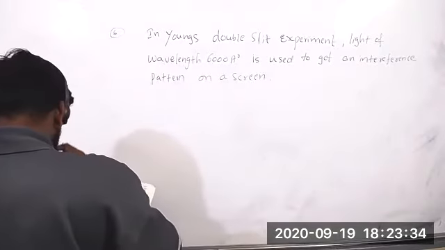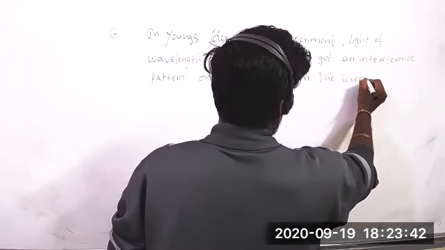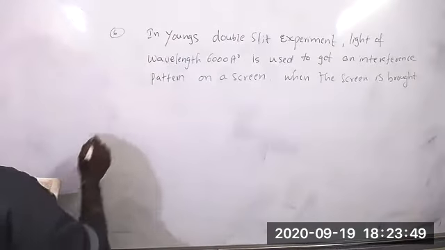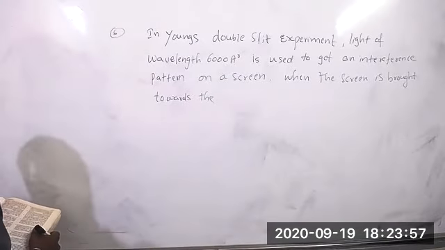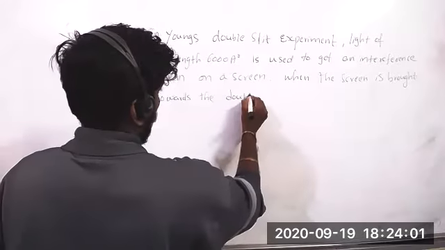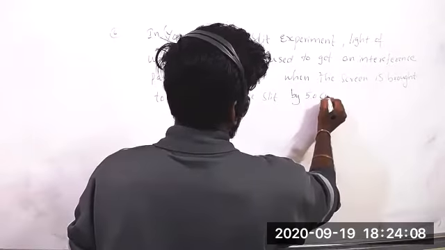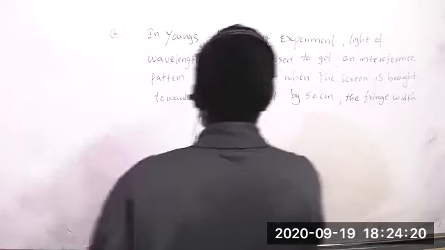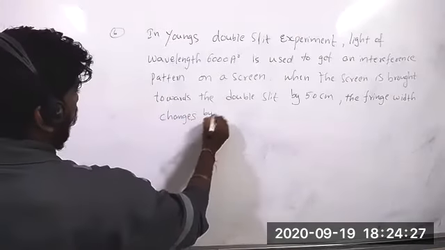When the screen is brought towards the double slit by 50 centimeters, the fringe width, which is nothing but beta, changes by 1.5 millimeter.